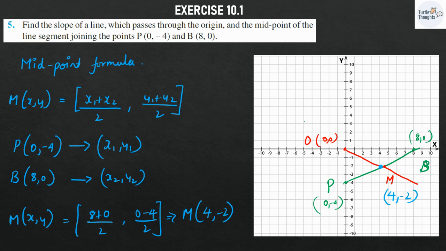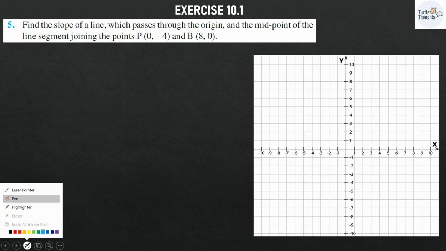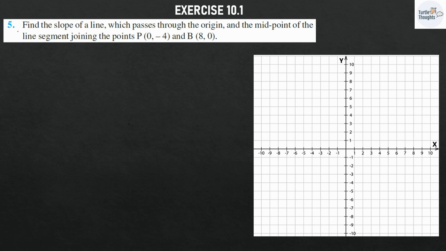Now we have the points O and M, and we have to find the slope of the line OM. That is what we have to do, right? So to find the slope of OM, this is your O, which is 0 comma 0, and M, which is 4 comma minus 2.